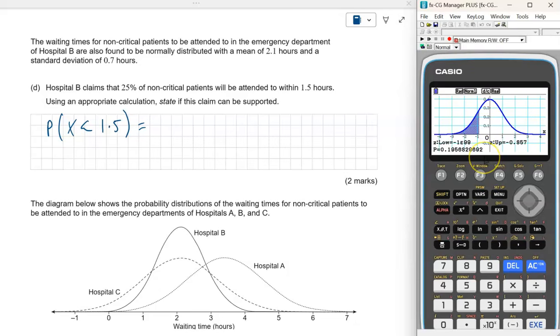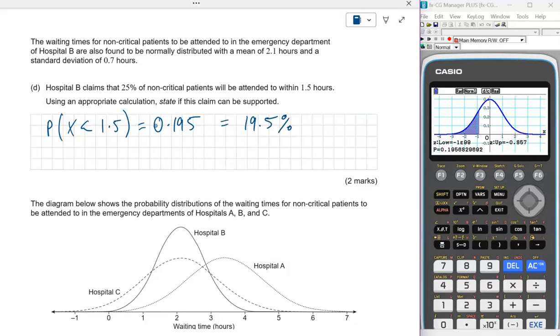And there it is. We have probability equal to approximately 0.195, which is 19.5%, which is less than the claim of 25%.